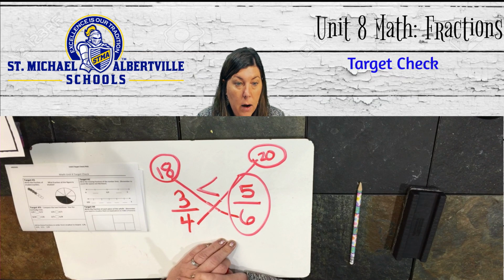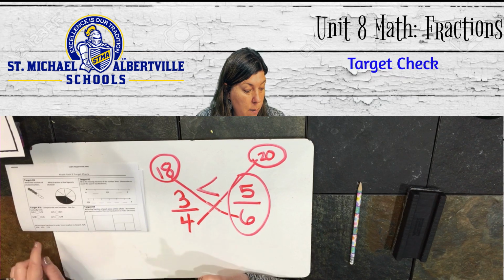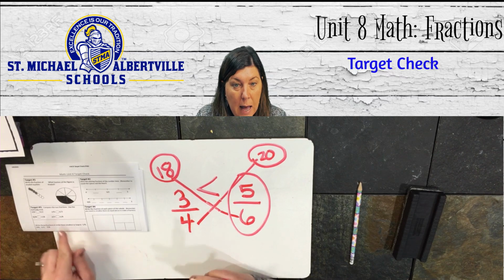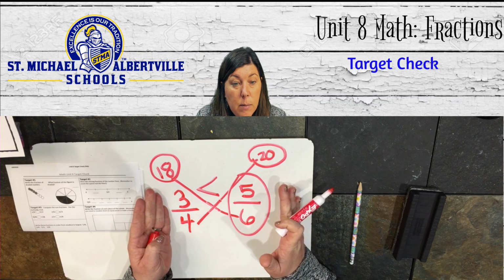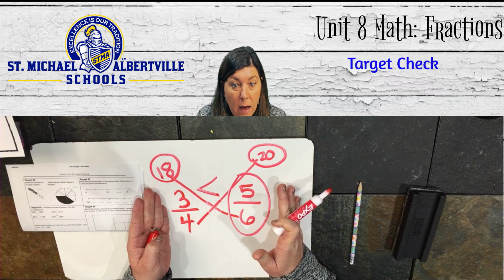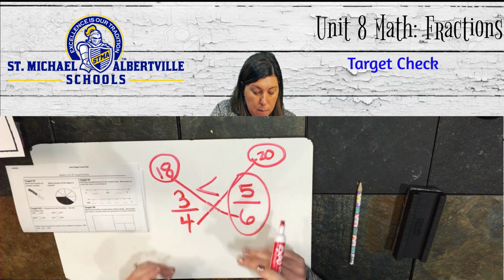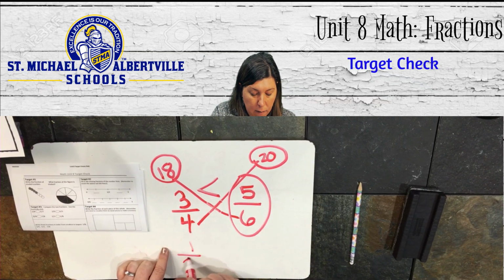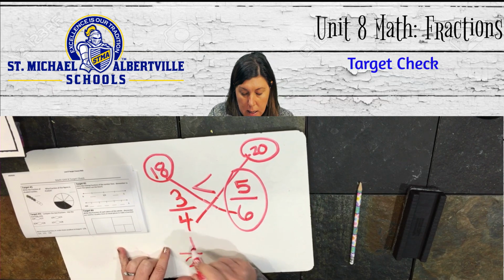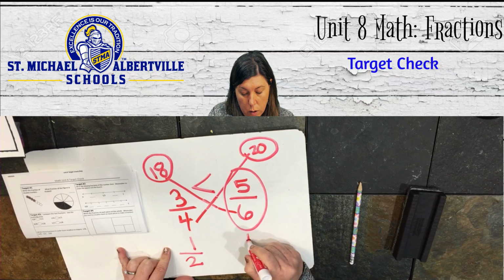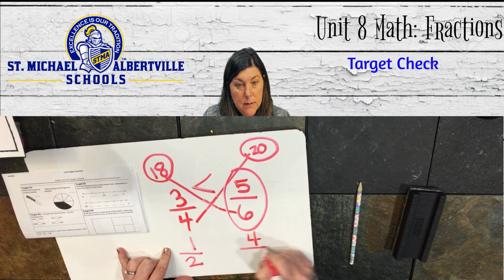When you compare on your target check for number 3, you will do exactly this. Now, some of you, when you're comparing to a half, will automatically know. Because if I am comparing anything to a half, and I get something here like 4/6.